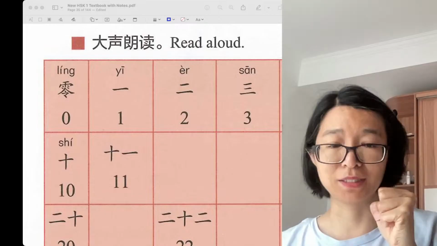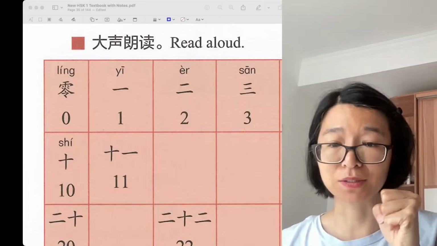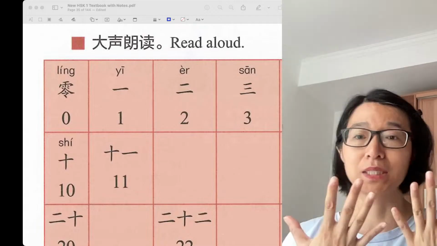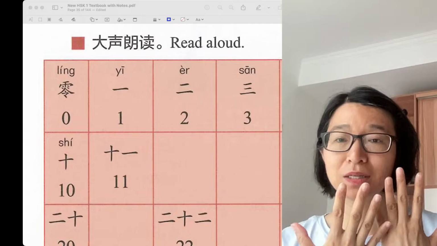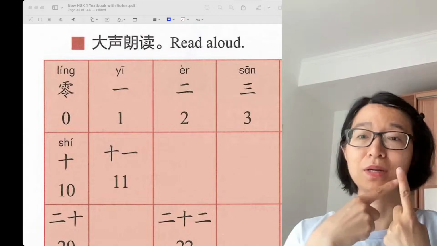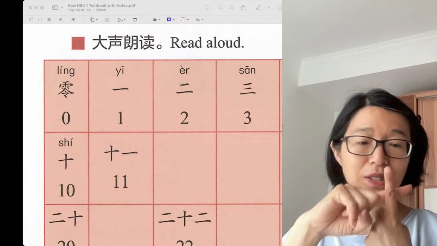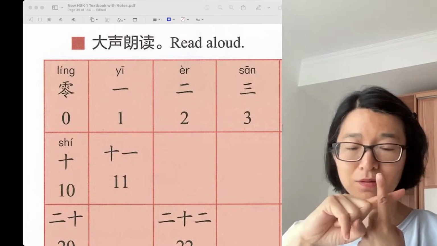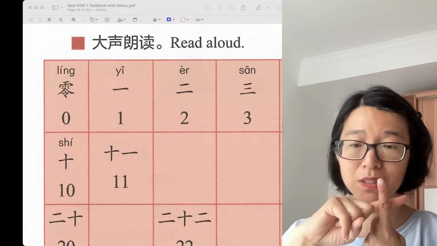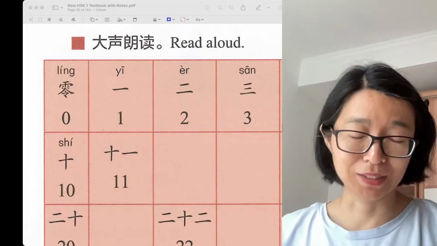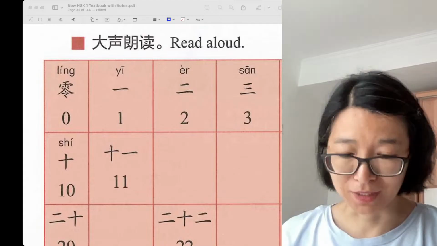This is also 十, just one hand. Or like this, this is also 10, right? Or like this, cross, because it looks like the Chinese character 十. 很好, great. Okay, we just said 0 to 10 in Chinese.